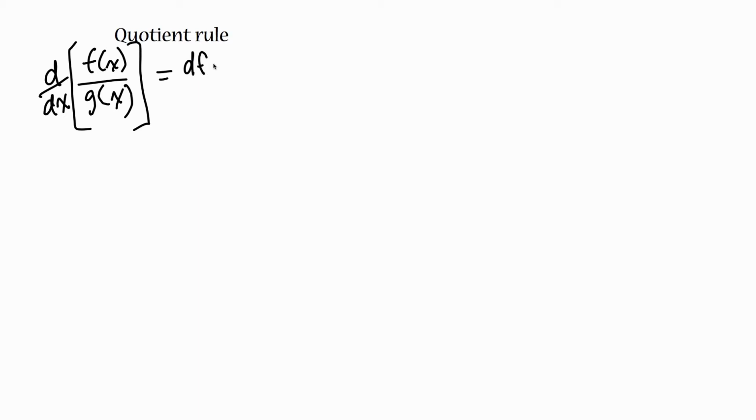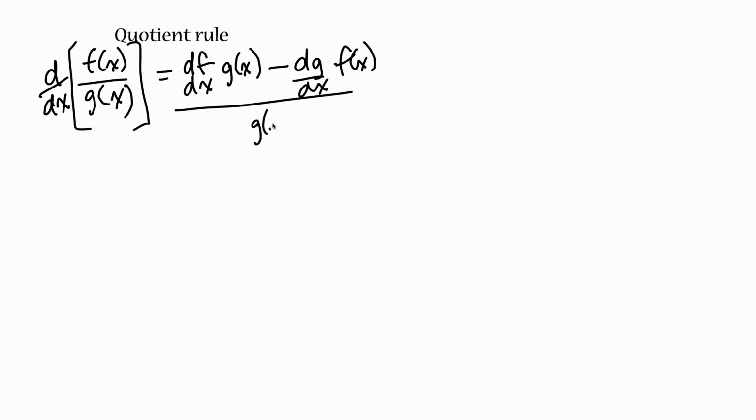It's the derivative of the first function times the second minus the derivative of the second function times the first function, all over the second function squared.